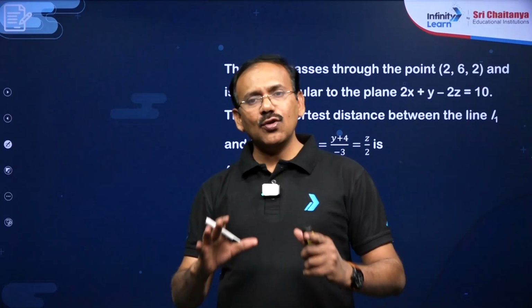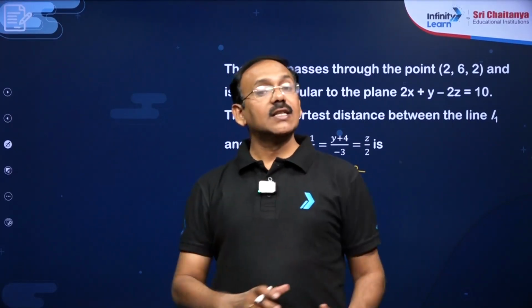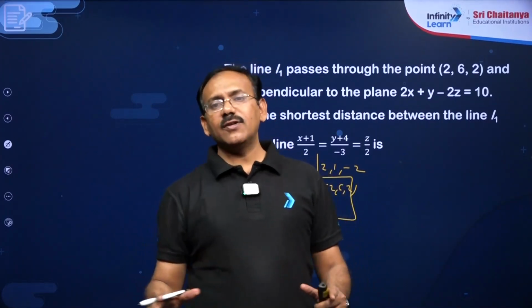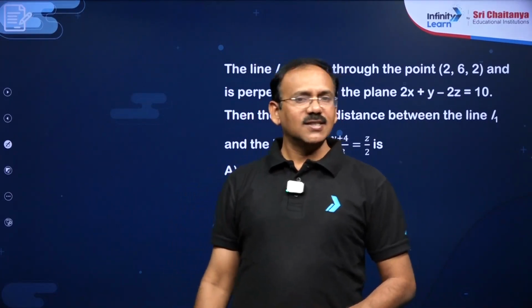These are the main core areas of this particular topic. First you master these, my dear friends, then try the others. So, definitely you can answer any question from 3D geometry, not only in Mains but even in Advanced also. Right, dear students? That's all.